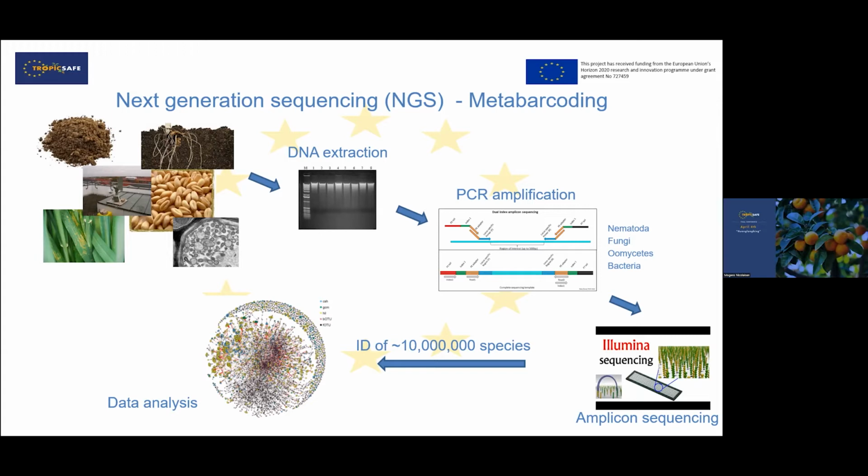That is, we are able to identify up to 10 million species in the samples. Of course, less if we pool samples. And then we have different ways of analysis of the data, and I'm just showing one way of doing a network analysis, but that could be identification of the individual species and the relative abundance, etc.